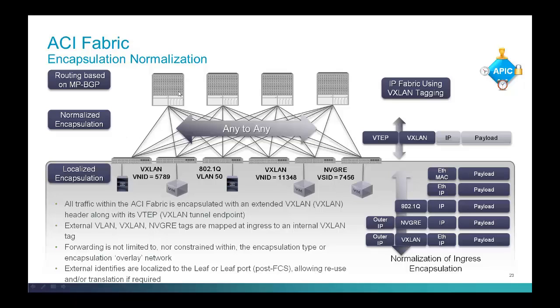So everything here is using VXLAN. Obviously we want to use something that's incredibly scalable. As you know, VXLAN has the ability to have 16 million unique IDs. So this is really fit for future proof here as well. So as I say, everything layer 3 between the spines and leaves.